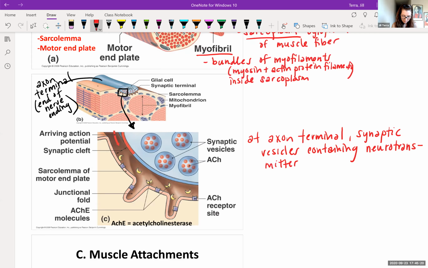And this is a specific neurotransmitter for skeletal muscle contraction. It's called acetylcholine. We can abbreviate it ACh, okay? So that's what these little red balls are here within these synaptic vesicles. We see a whole bunch of molecules of acetylcholine all ready to go.